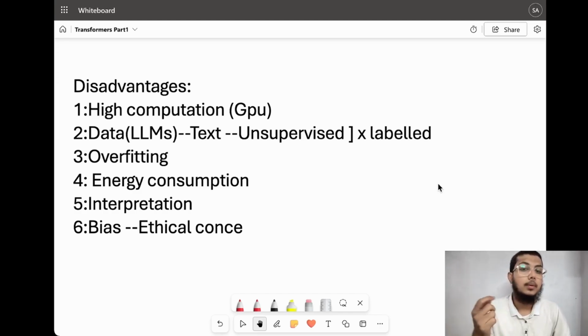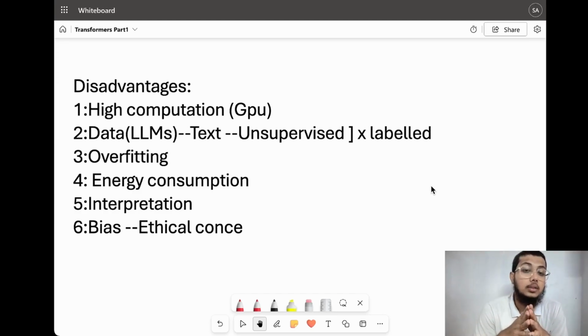So if you implement the transformer in the same way in some very crucial sectors like the banking sector or health sector, then there can be a problem, because even though the results are coming correct, it becomes important to explain why the results are coming like that. Even then transformers are not able to do it.